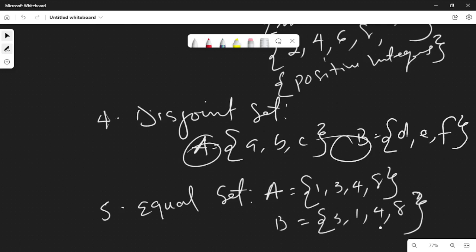These two sets are equal because they have the same elements. I'm not just saying they both have 4 elements. This one has 1, this one also has 1, this one has 3, this one also has 3, this one has 4, this one also has 4, this one has 8, and this one also has 8. That simply makes them equal. Is that taken now? It's as simple as that.